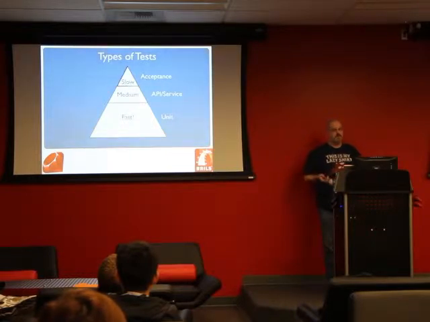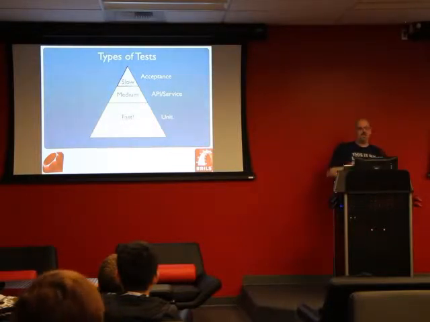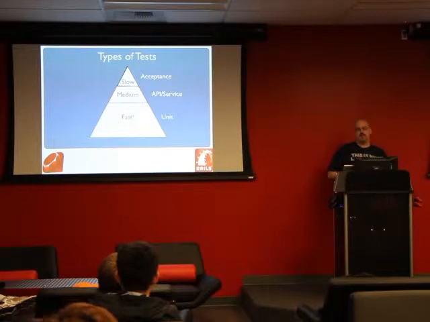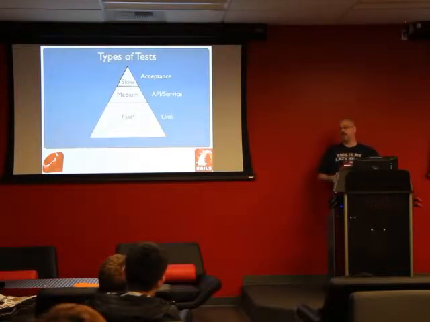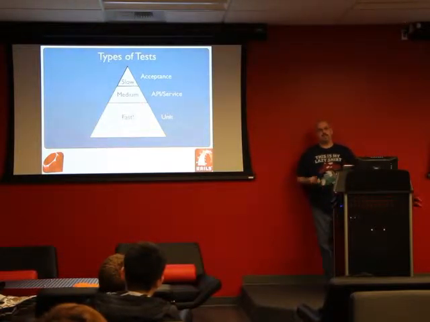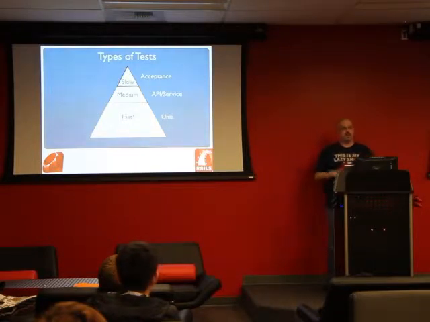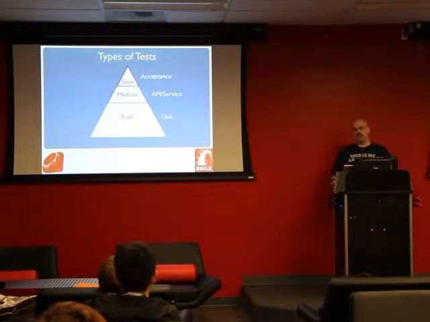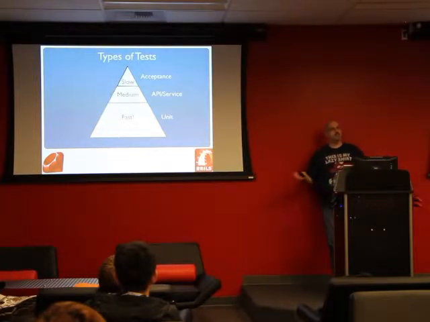There's also, in some applications, not all, there can be API or service level tests. So if your application has a nice divide between the UI and the application backend, like you're having a pure JavaScript, Angular, or Ember, or something on the front end that is talking to a JSON API, then you can test your API, and you can do that a lot faster than actually spinning up a browser to do a full acceptance level test.